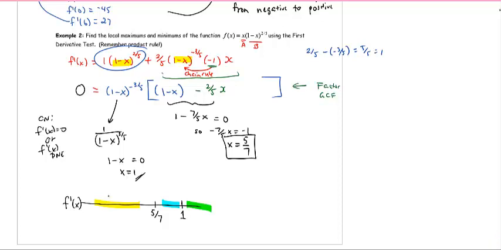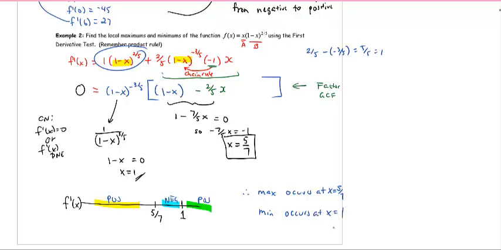But if you did it, I hope you got positive here. I hope you got negative here. And I hope you got positive there. So therefore the maximum occurs at x equals 5/7, while the local min occurs at x equals 1.